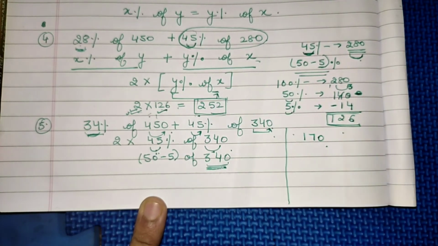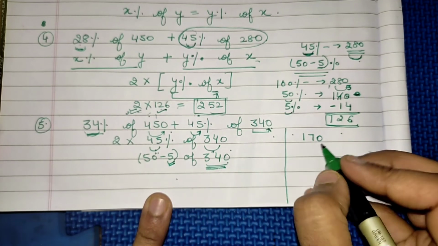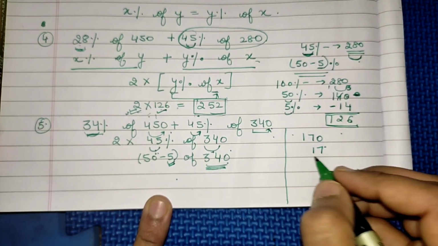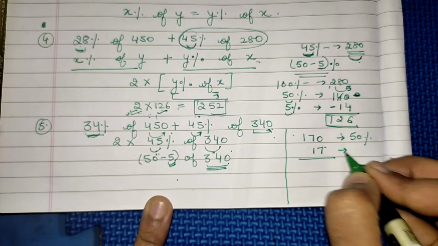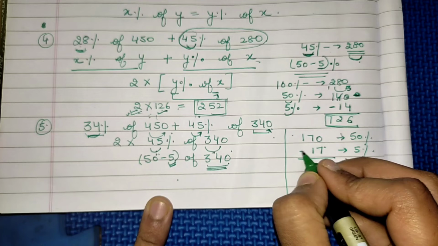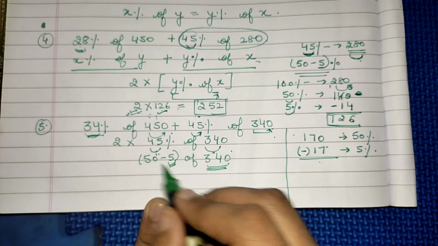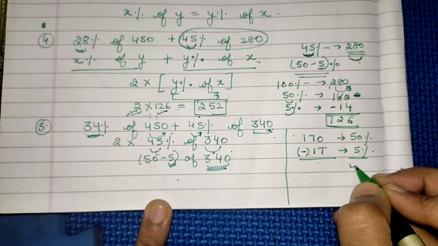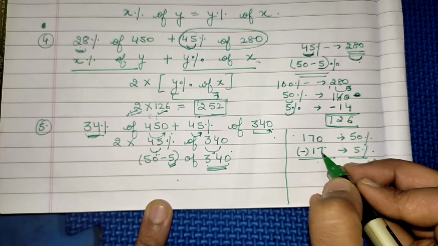50% of this value will be equal to 170, and 5% will be what? 5% will be 17. This is my 50% and this one is my 5%. So when I subtract both of these values, I will get 45% of 340.